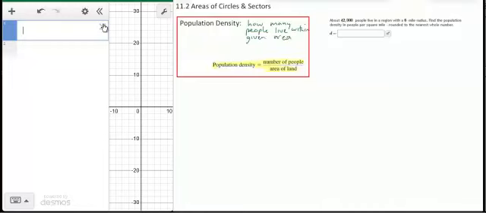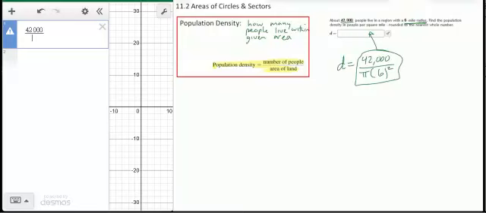And for this, as you would probably guess, since we're in a chapter dealing with circles, if you want to find what's the population density when you're looking at 42,000 people that are living in an area that has a 66-mile radius, well, the fact that you're using radius here means you're dealing with what shape? A circle. And so you're just plugging that in. So again, easiest thing to do is just type in your calculation.